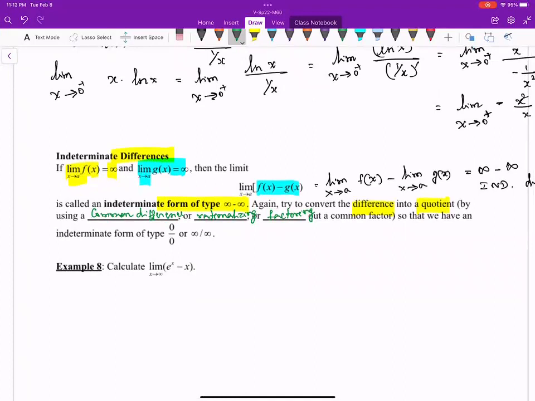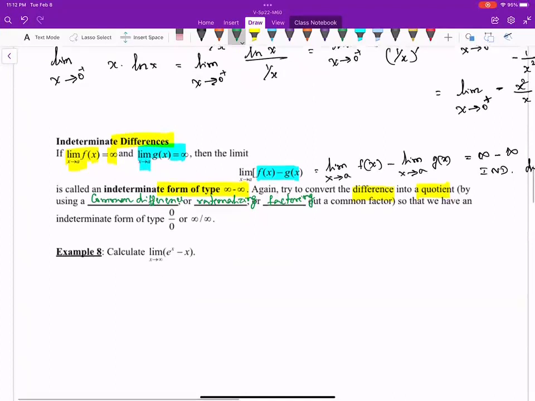Limit as x approaches infinity of e to the x minus x. So if you plug and play, meaning if you replace x with the value infinity, it's e to the infinity minus infinity. So how does an e to the x graph look like? This is our e to the x graph. So as x approaches infinity, where does e to the x approach?